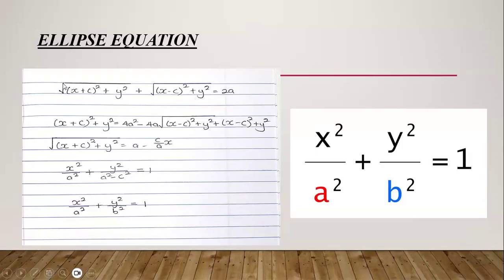So we have the root of (x plus c) squared plus y squared, plus the root of (x minus c) squared plus y squared, equals 2a. And when we work this down and simplify it, that is how we ended up with this ellipse equation here. As I mentioned before, the horizontal and the vertical basically have the same equation. Only the values at the bottom here are a bit different.